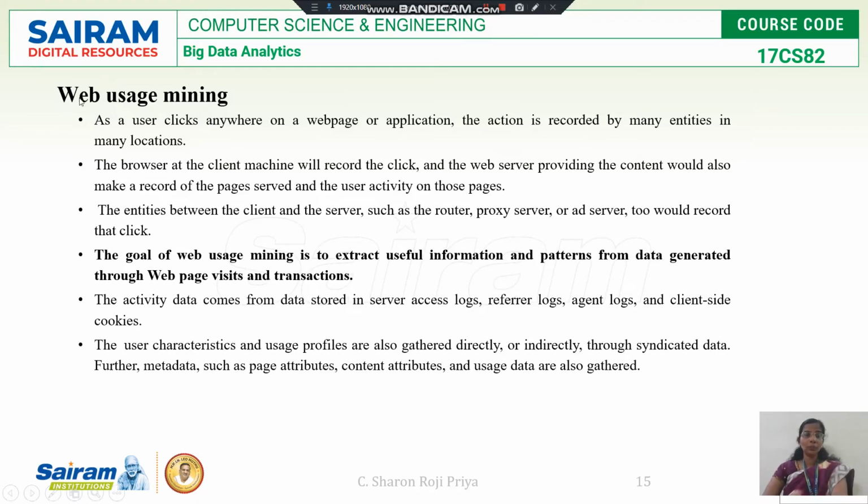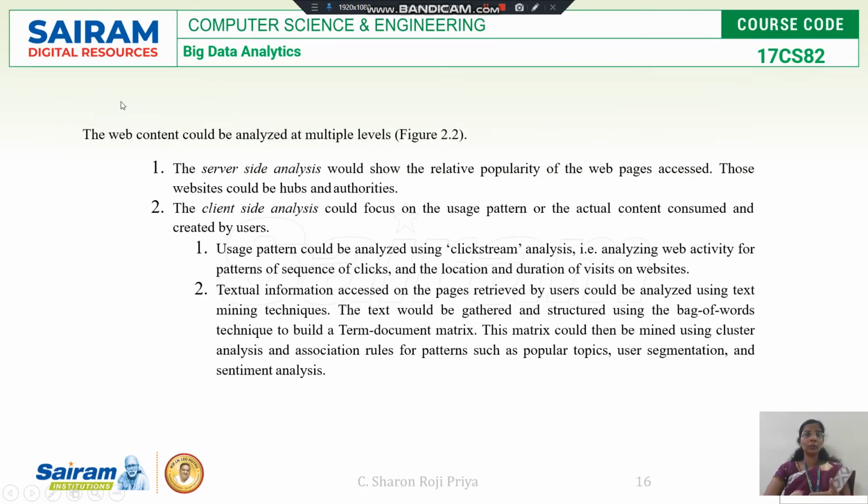And coming to web usage mining, we have this analysis both on the client side and on the server side. Server side is analyzed for hubs and authorities, but client side focuses on the usage patterns or the actual content consumed and created by the user.